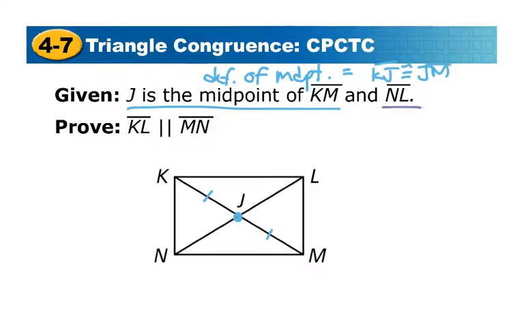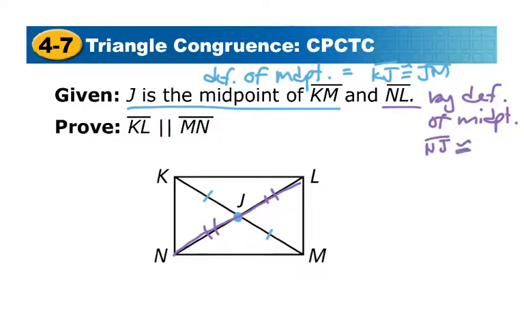Oh, and then they're saying and NL, so NL is also cut in half by J. So by the definition of midpoint, we know that NJ is going to be congruent to JL.